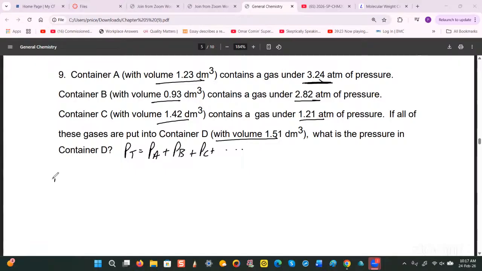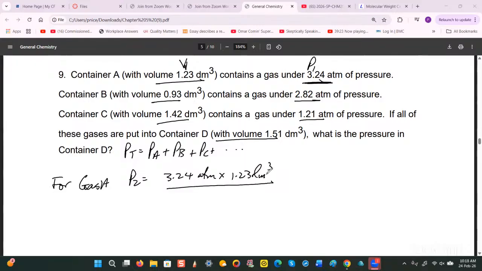So I would say for gas A, the final pressure, which is P2, is going to be P1, which is 3.24 atmospheres, and V1, which is 1.23 decimeters cubed. So 3.24 atmospheres times 1.23 decimeters cubed, and then I divide by the total volume of the container B, which is 1.51 decimeters cubed, all right?